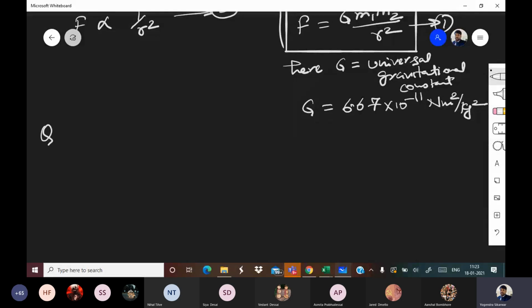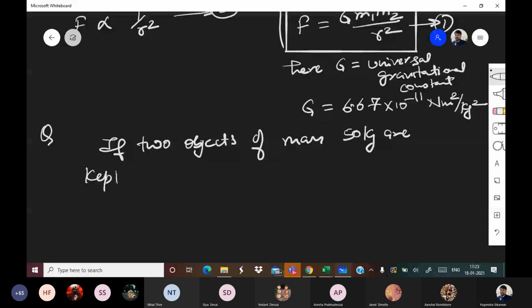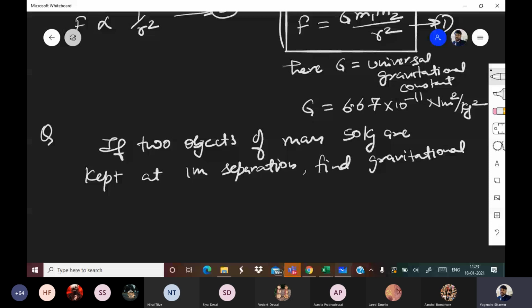The question is: if two objects of mass 50 kg are kept at 1 meter separation, find the gravitational force acting between them. Okay, please find.